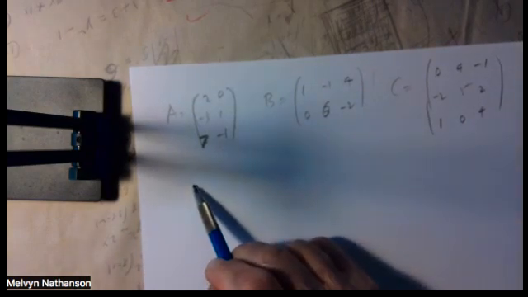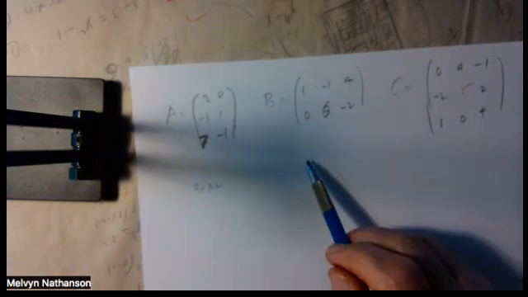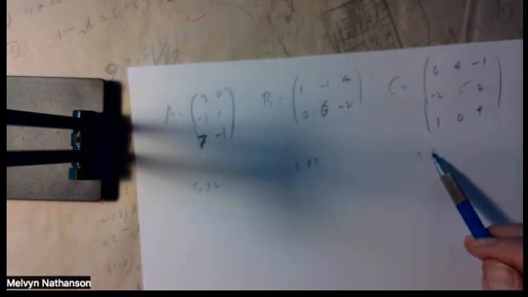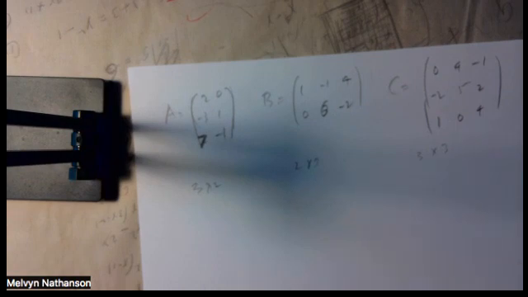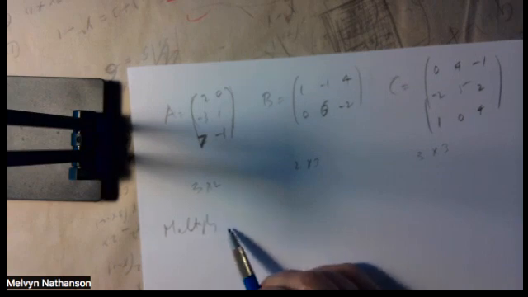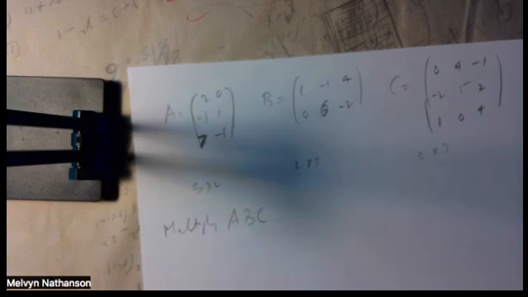So this is a 3 by 2 matrix. This is a 2 by 3 matrix. This is a 3 by 3 matrix. So you should be able to multiply A, B, C.